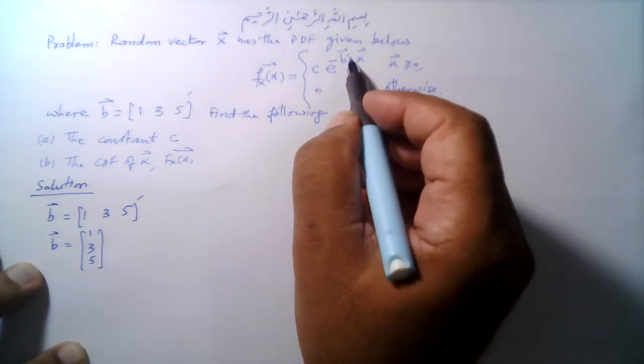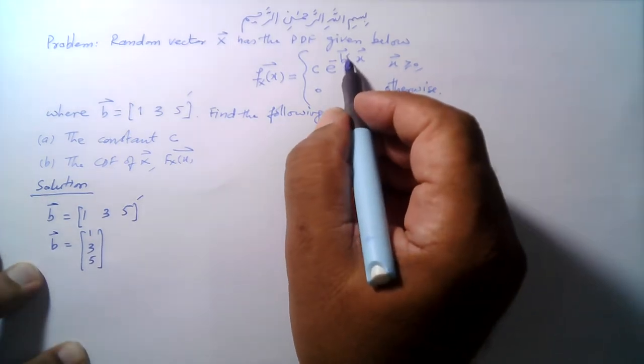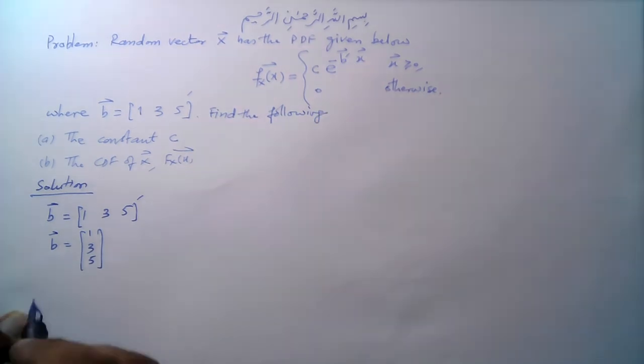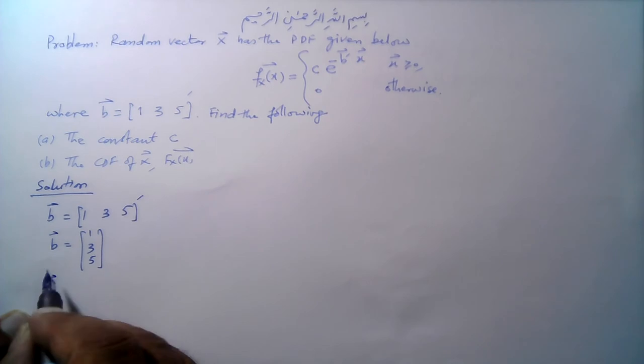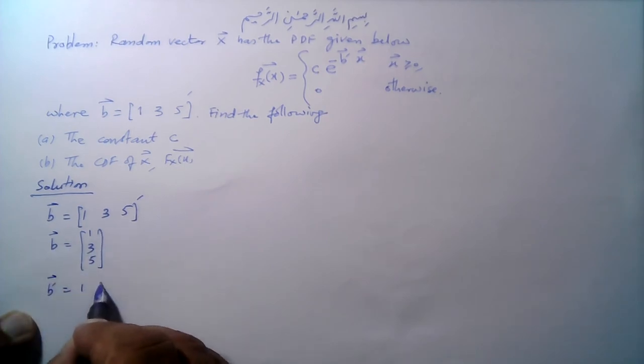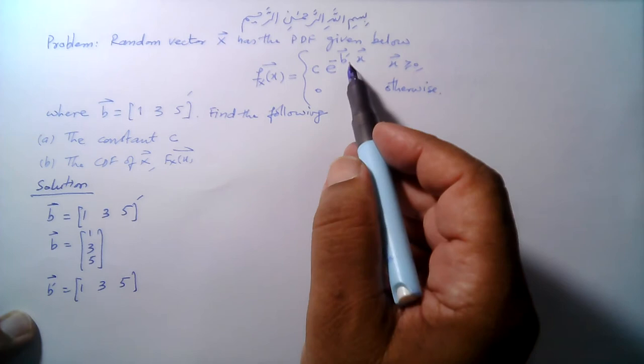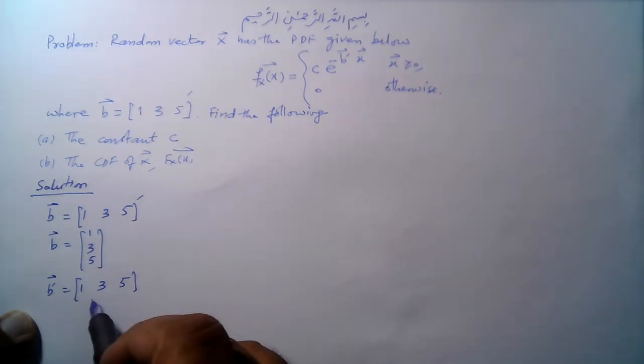But here in this function we use b dash bar instead. So b dash bar will be a transpose of this, right? So this will again come out to be that row vector. So b dash bar is a row vector with 3 elements.